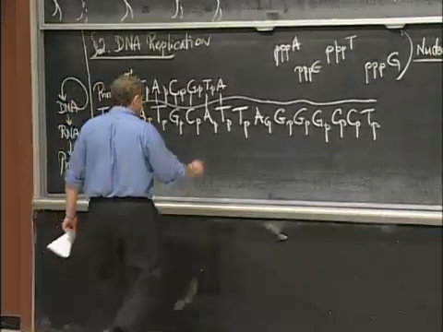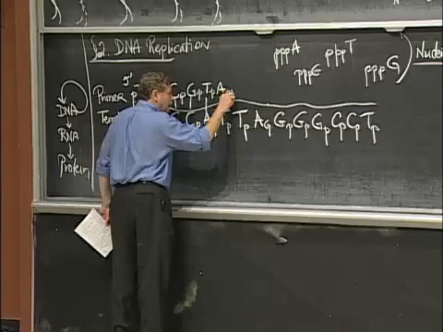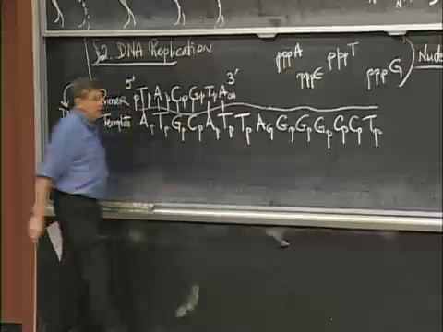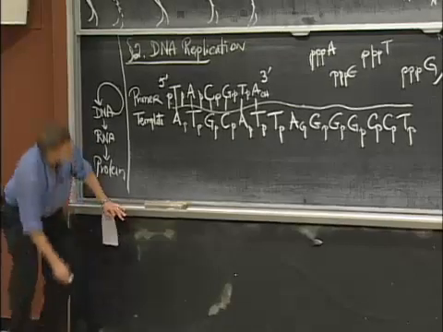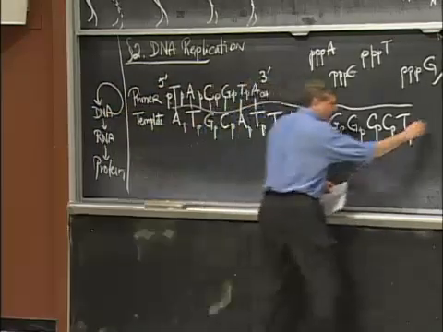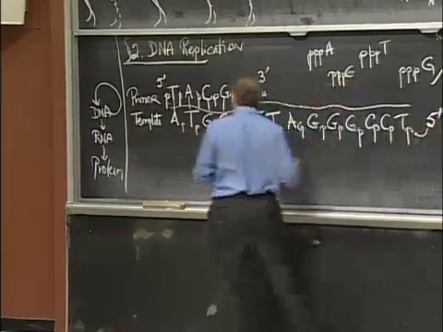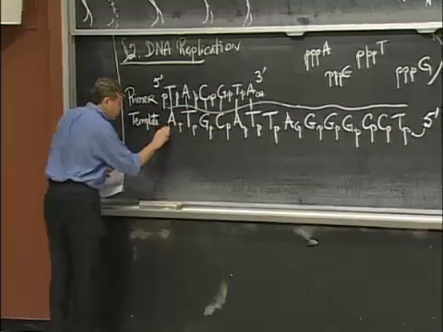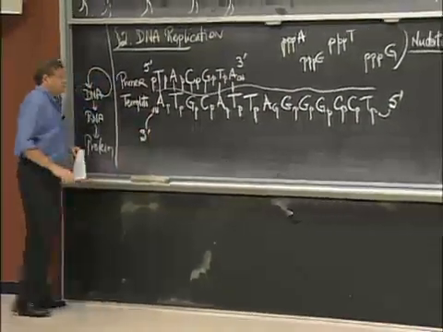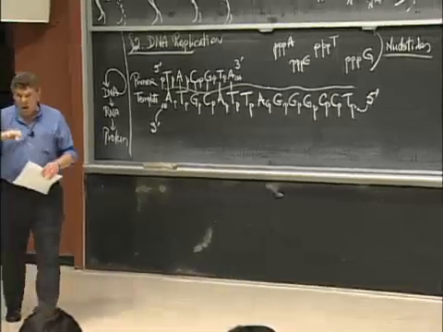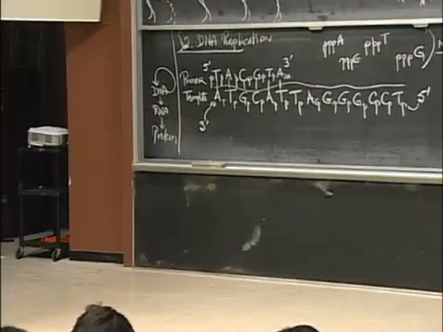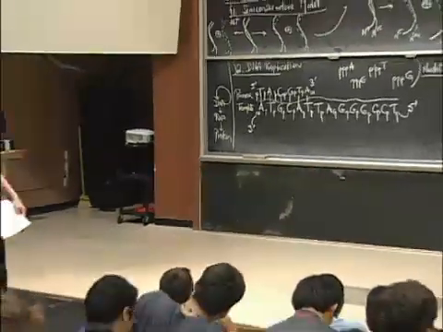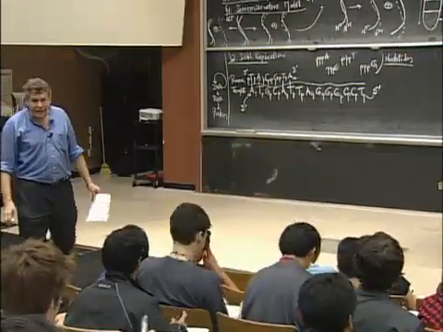The other end ends in the hydroxyl on the 3' end of the ribose. Since this is anti-parallel, this strand is going 5' phosphate to 3' hydroxyl. You're going to need to know 5' and 3'. So I'm doing this so you get used to 5' and 3'.